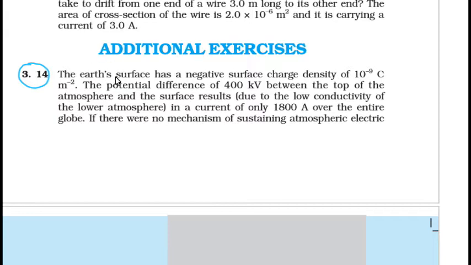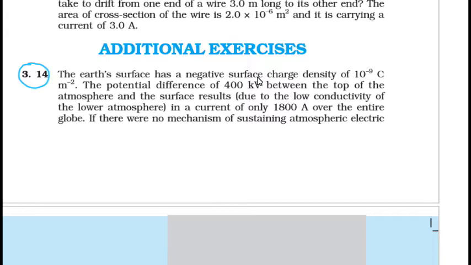The Earth's surface has negative surface charge density of 10 to the minus 9 coulomb per meter square. The potential difference of 400 kV between the top of the atmosphere and the surface results due to the low conductivity of the lower atmosphere in a current of only 1800 ampere over the entire globe.